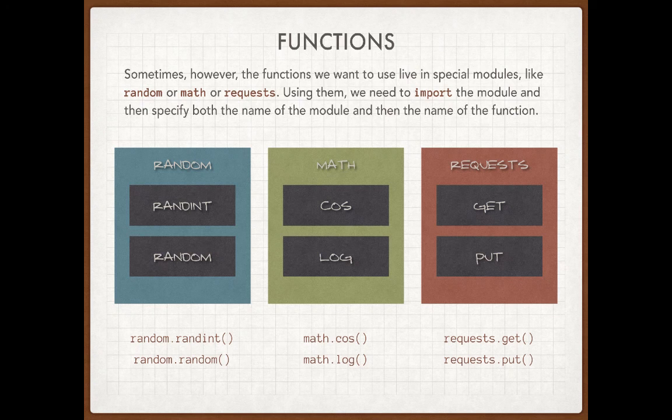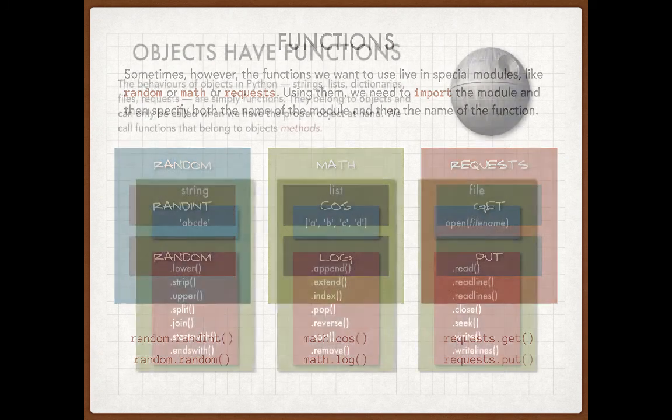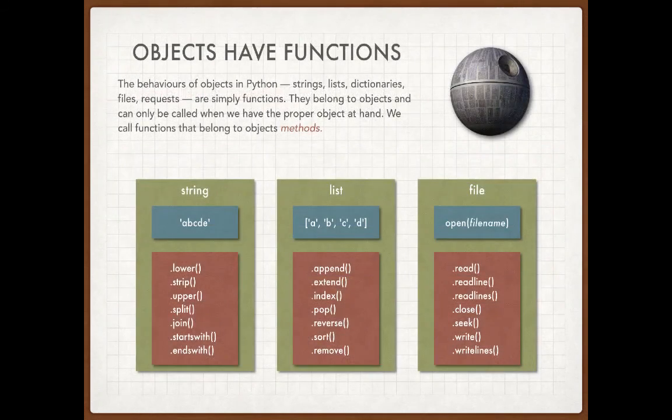And similarly, we played with the requests module. We called the get function, we passed it a URL, and what we got back in return was a requests object that had tons and tons of data in it. And that's actually the third place where functions live. They live inside objects.